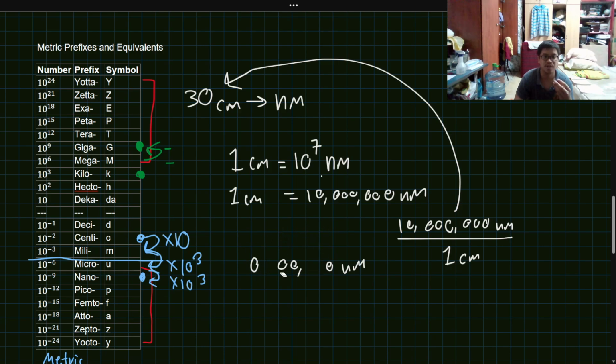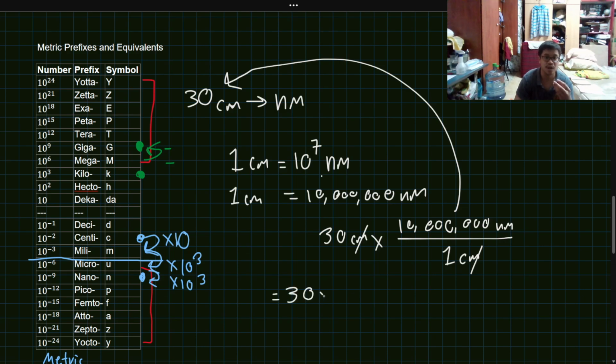Let me erase this one. So we will have 30 centimeters times 10 million nanometers all over 1 centimeter. Here we have centimeters above and centimeters below on the fraction, so we can cancel them out.